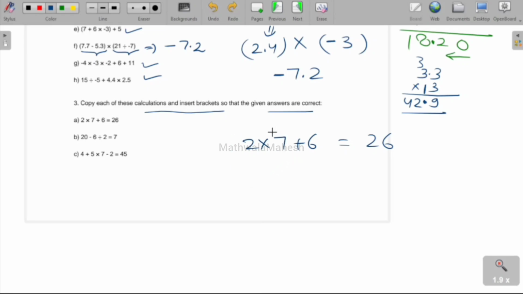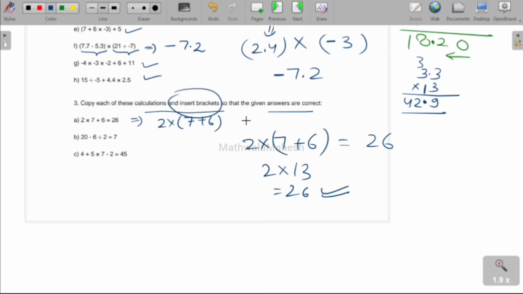Now provide bracket 7 plus 6, which is 13, and multiply 2 which is 26. So this one is correct. So the correct answer is 2 multiply by bracket 7 plus 6, because we have to insert the bracket according to the answer.